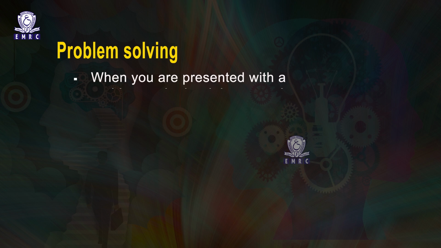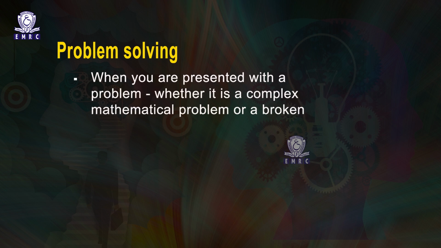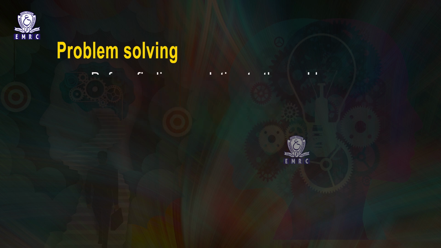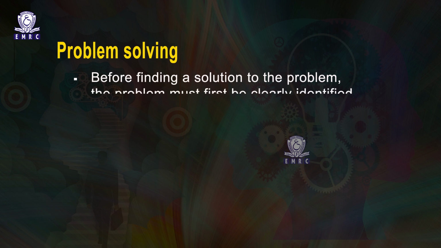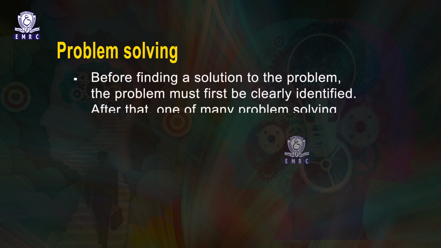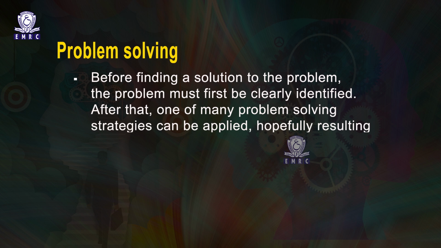When you are presented with a problem, whether it is a complex mathematical problem or a broken printer, how do you solve it? Before finding a solution, the problem must be clearly identified. After that, one of many problem solving strategies can be applied, hopefully resulting in a solution.